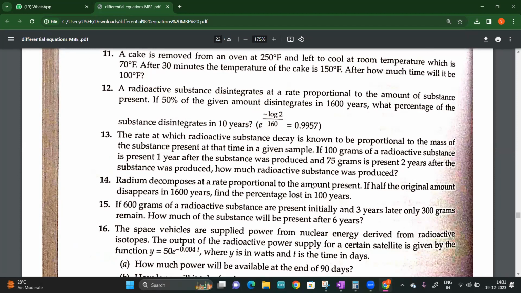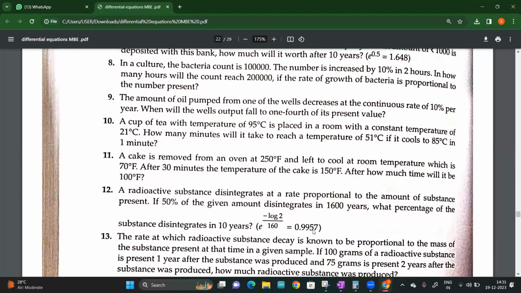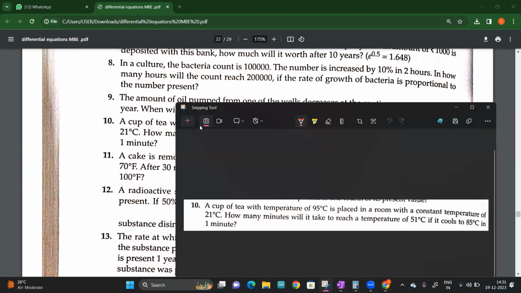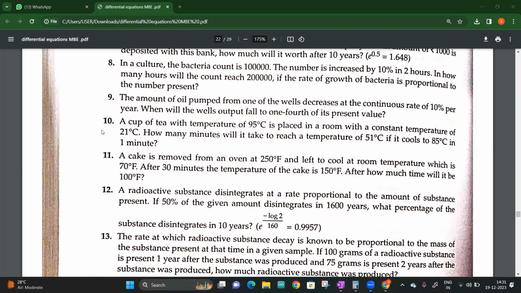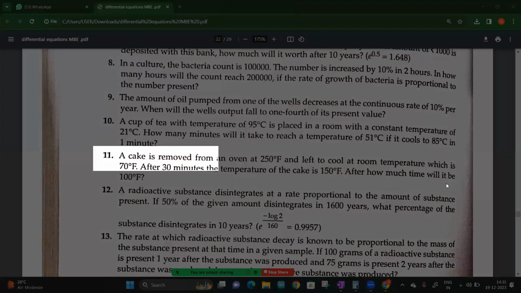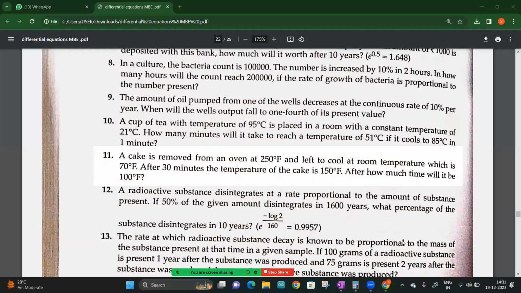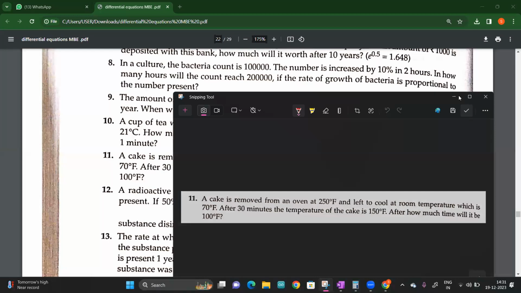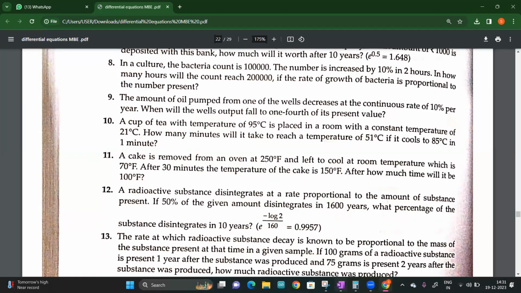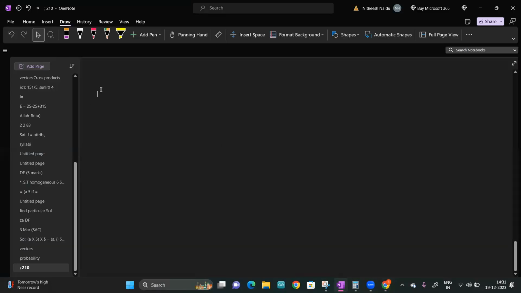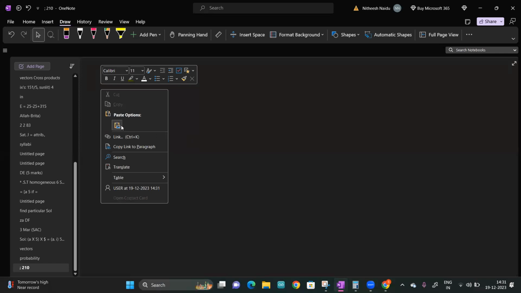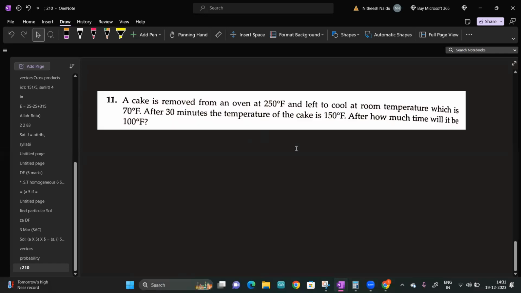Next, 12th question. No, 11th question. A cake is removed from an oven. So all of you know that cake. Question number 11. Try this question. So read this question.